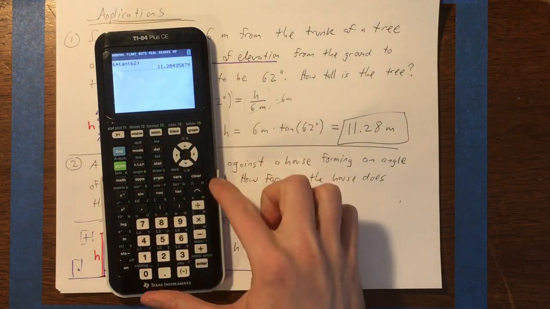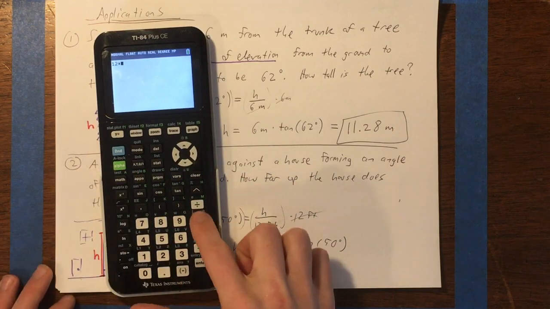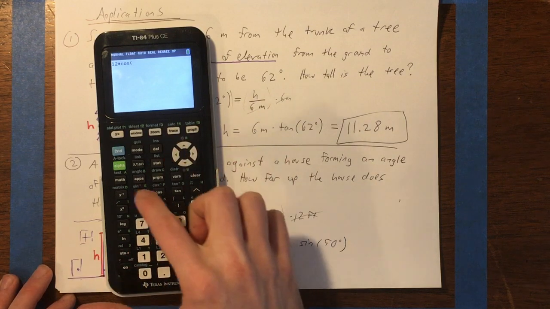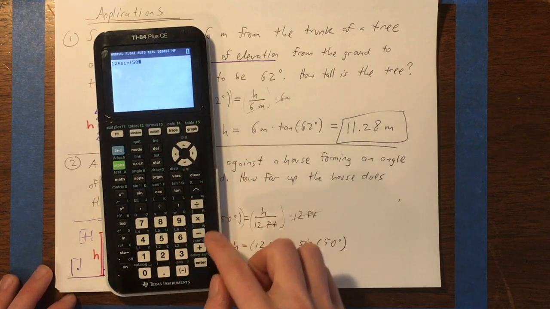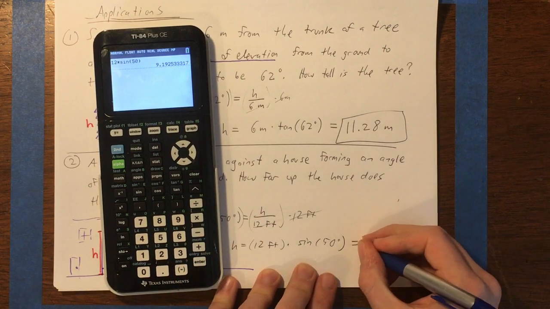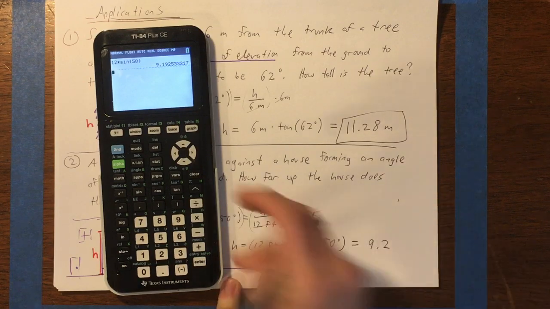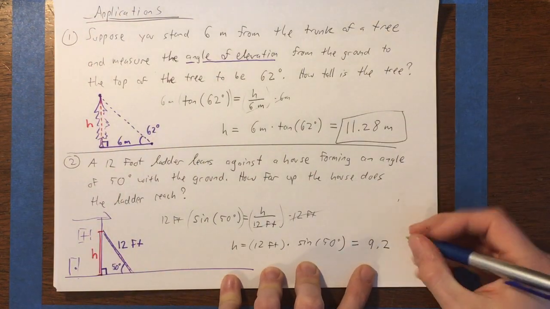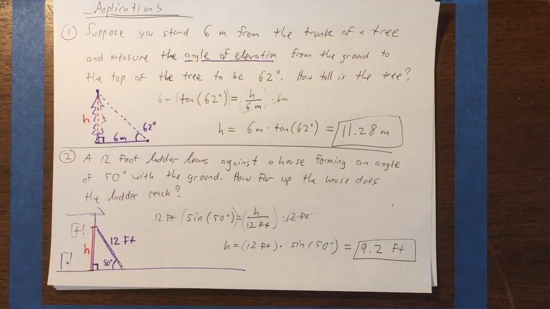I've already got it set to degree mode, so I'm just going to do 12 times the sine, nope, that's cosine, times the sine of 50 degrees. And that is 9.19. I'll round that to about 9.2 feet. And that's how far up the house the ladder reaches.